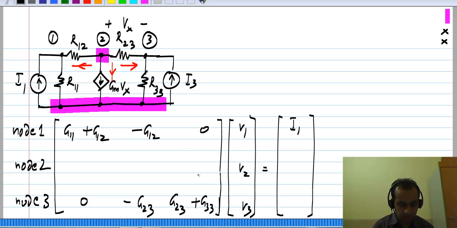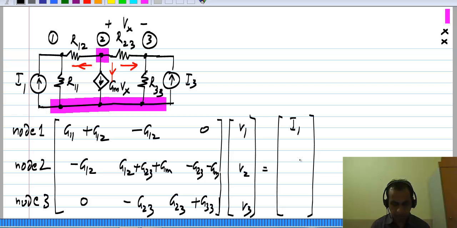And of course the special case is node 2, which gives you minus G12, and for this we'll have G12 plus G23 plus Gm, and the last one will be minus G23 minus Gm.